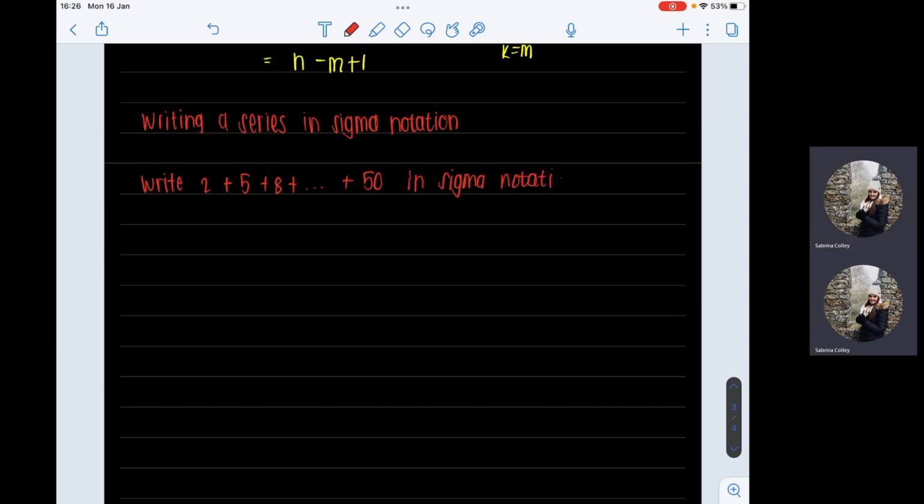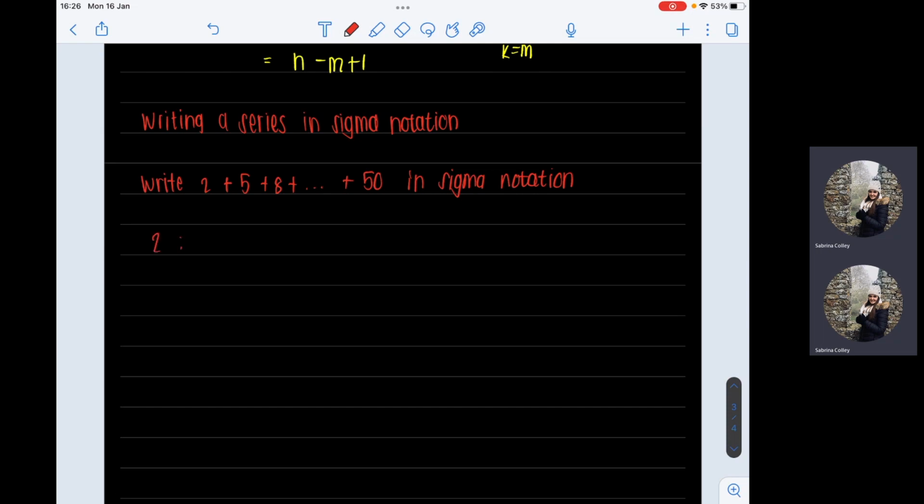We know that this is a series, because they've added a couple of terms together from a sequence, which makes it a series. Now they want it in sigma notation. So for me to do that, I need to find the general term first.